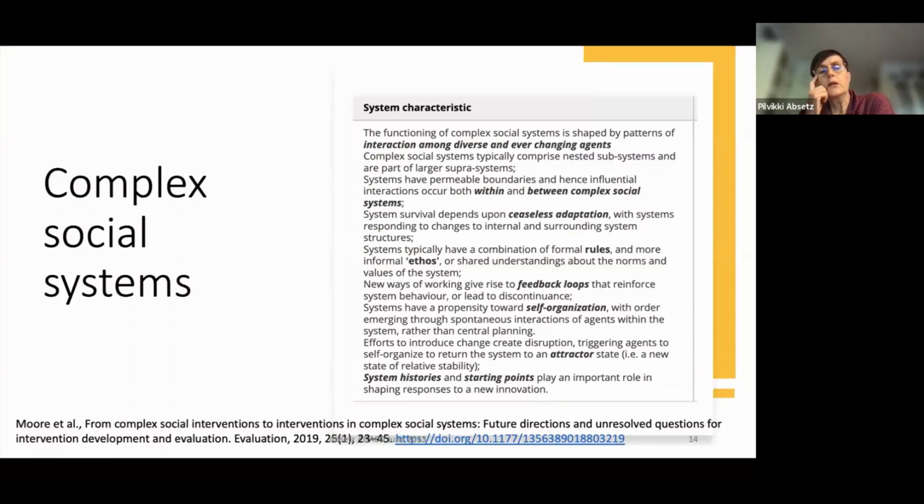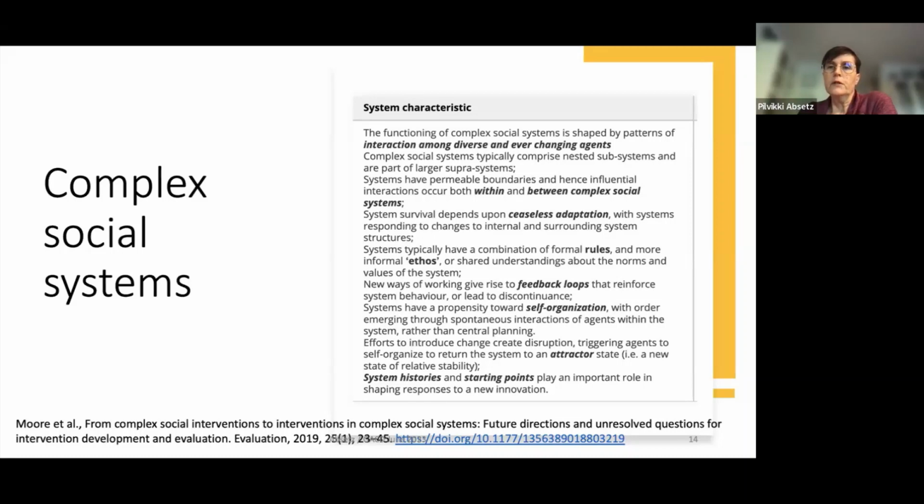Similarly, Moore and others, and this is a really recommendable article, talk about complex social systems, and here again the emphasis is on the social and how interaction among diverse and ever-changing agents impacts how things evolve.